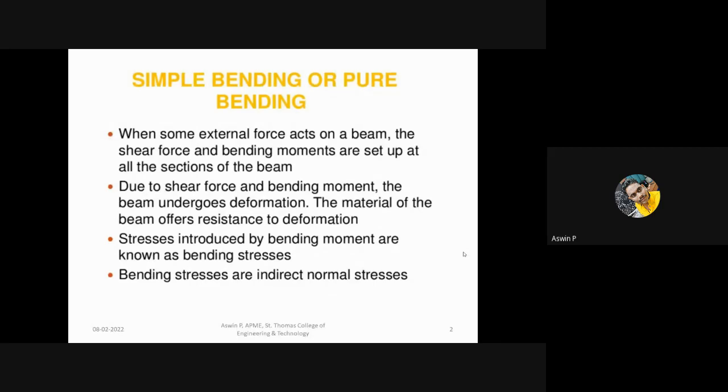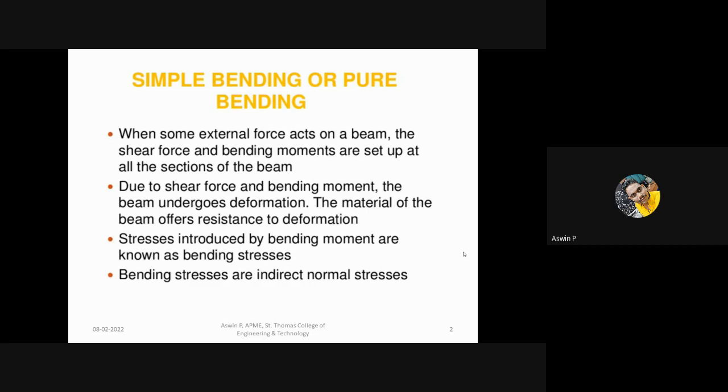Due to that SF and BM, the beam undergoes deformation, and the beam offers resistance to that deformation, known as bending stress. Stresses induced due to bending moment are known as bending stress. So when we apply an external force on a beam, there will be shear force as well as bending moment, but the stresses induced by bending moment are considered as bending stress.